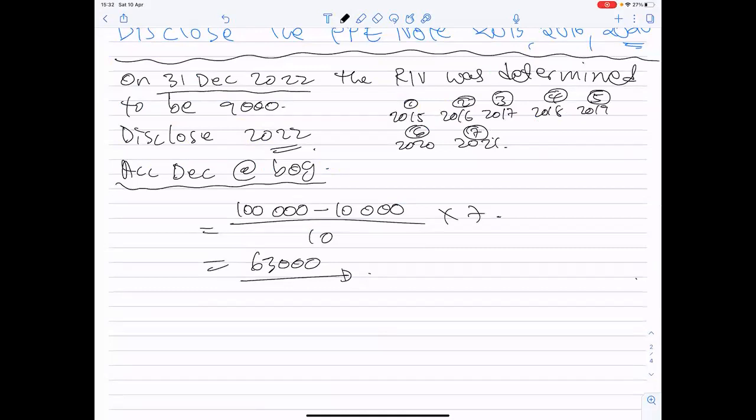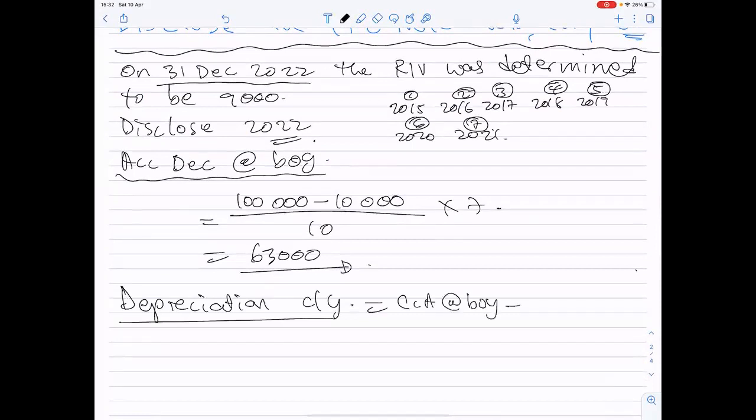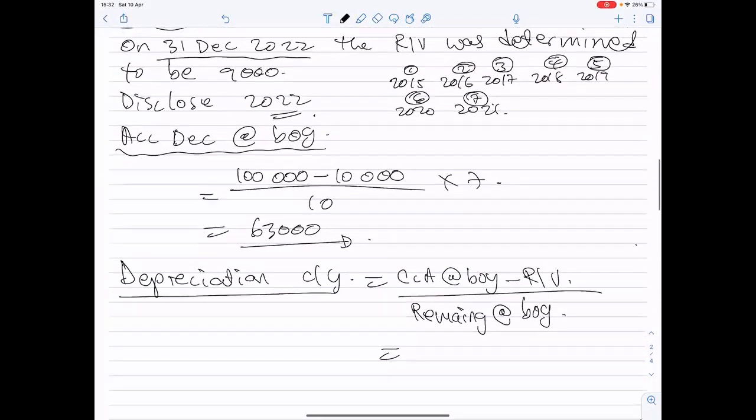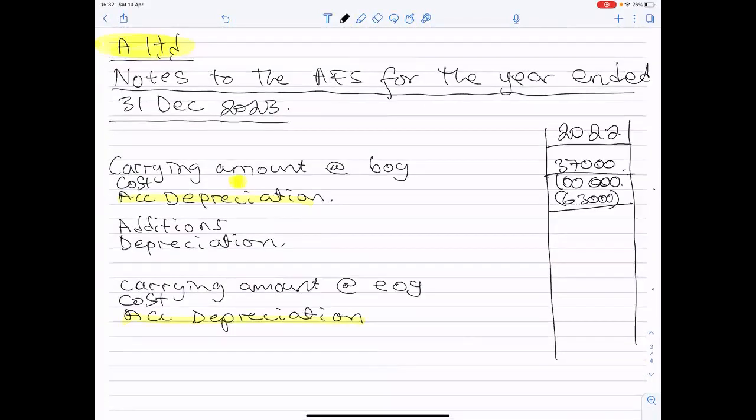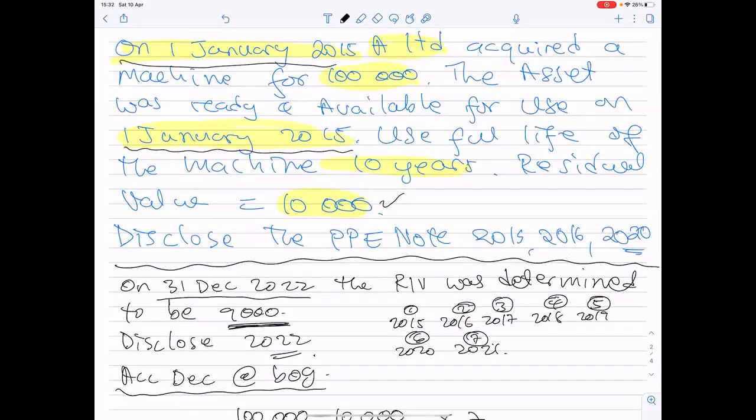Yes. Right. Then the depreciation in the current year, we said it will be the carrying amount at the beginning of year minus the new residual value divided by the remaining useful life at the beginning of the year. So in this case, our carrying amount at the beginning of the year is 37,000. We subtract the new residual value. They said the residual value is going to be 9,000 rand.